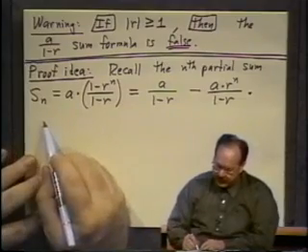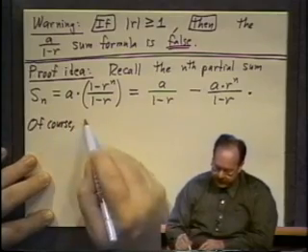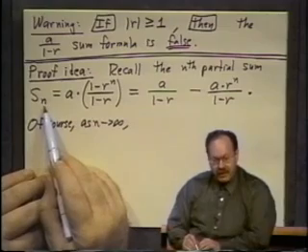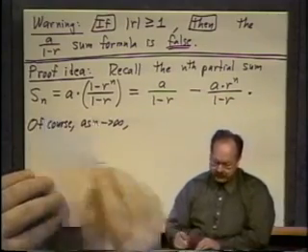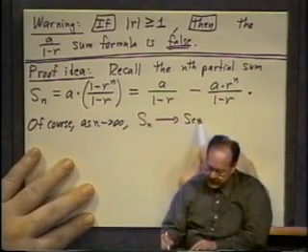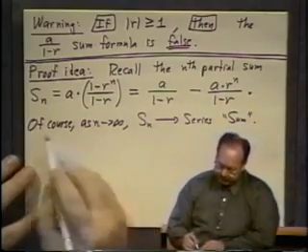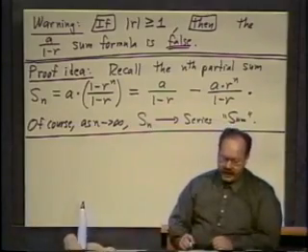So there must be something going on here. Well, of course, as n goes to infinity, the partial sum approaches the infinite series sum, if there is such a sum. So the s sub n approaches the series sum, if there is such a sum. Okay, because you're just taking the partial sum going further and further out.